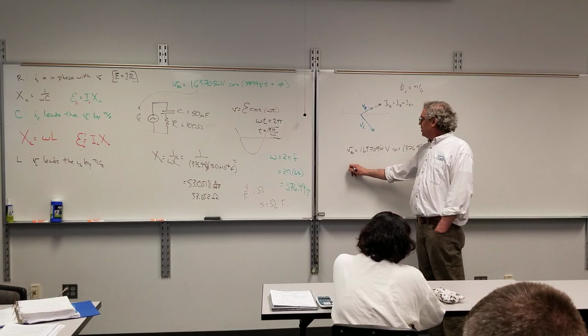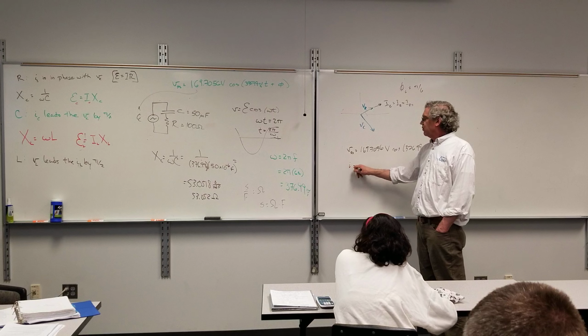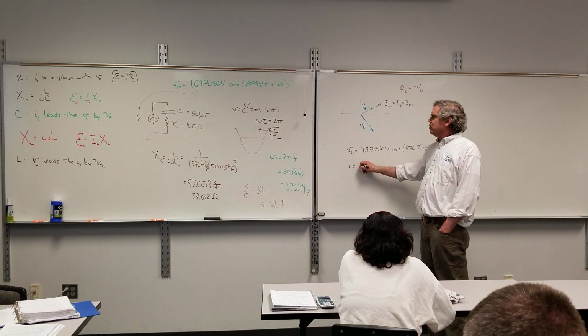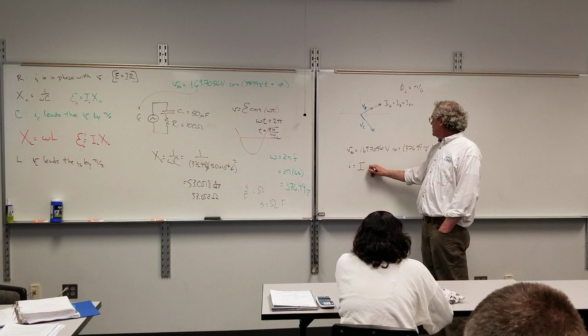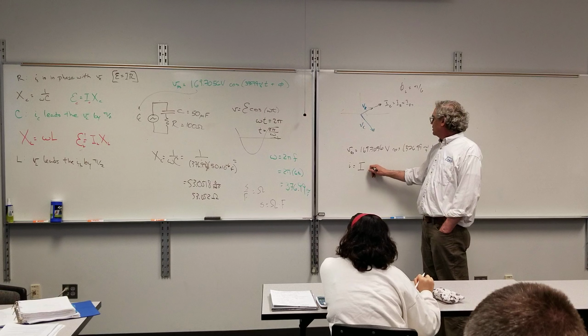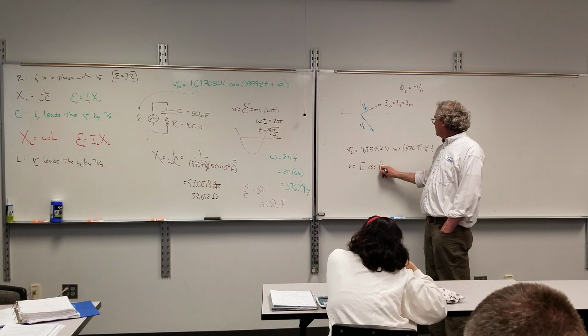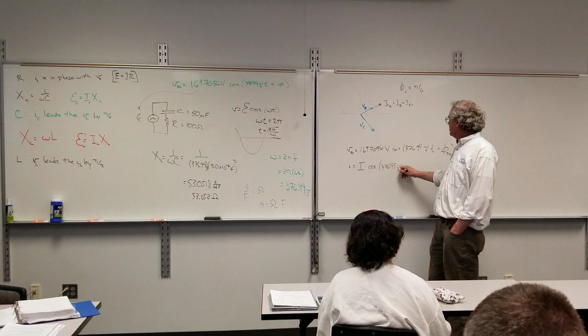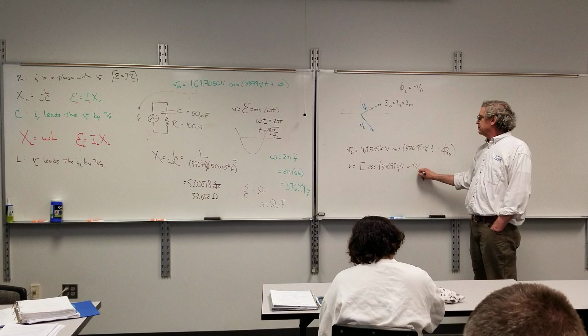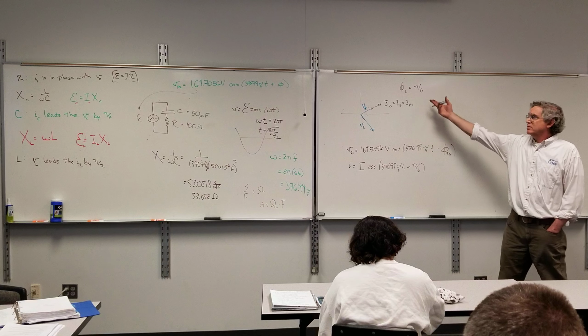I know that for my current, they're all the same. My magnitude, I don't know yet, times the cosine of 376.99 radians per second times time, plus pi over 6. And I know it's pi over 6 because I said let's make it pi over 6.